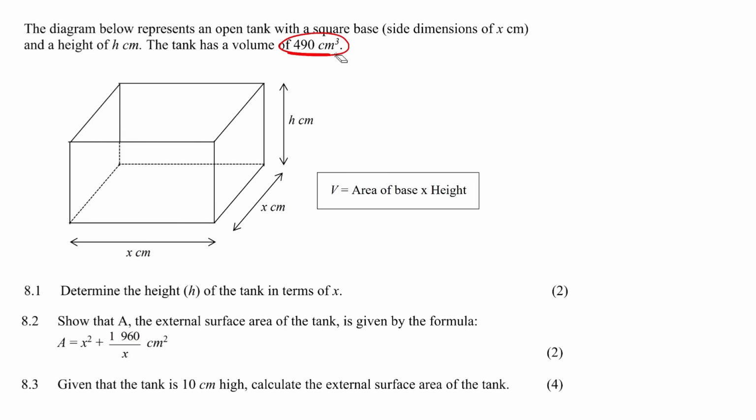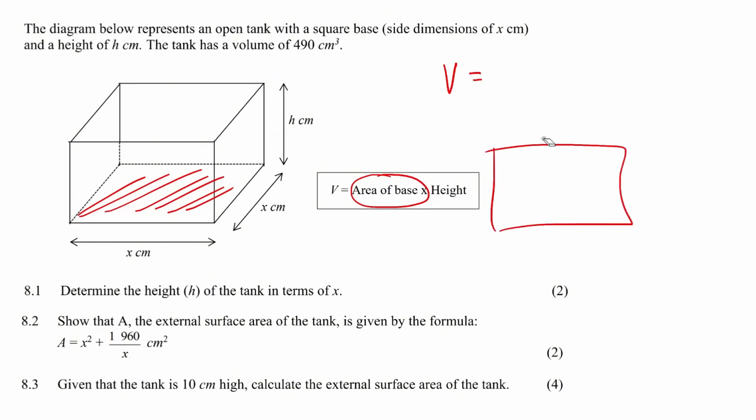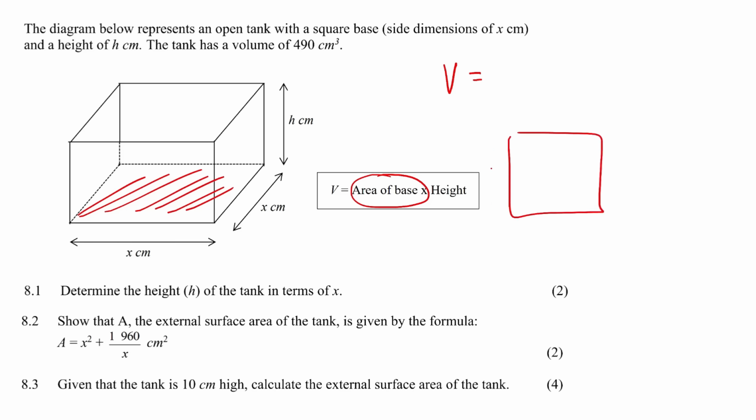Okay, so what we can do is we can go get the volume. So we know that volume is equal to the area of the base. So the base is always this part at the bottom. So the area of that is just going to be literally, it's a square. So it's just going to be x times x, which is going to become x squared. And then volume is area of base, which we've done, and then times height, which is h.